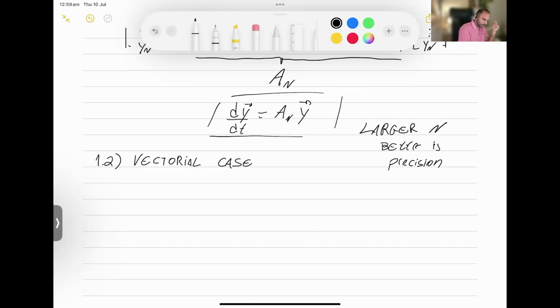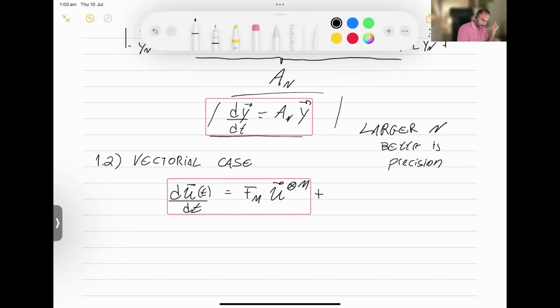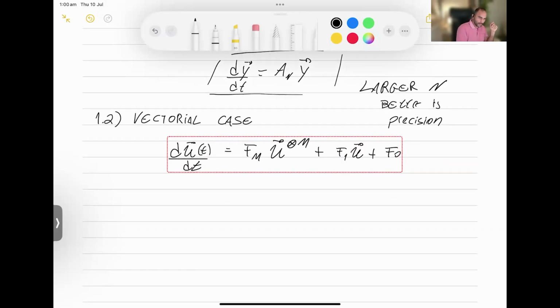Okay, so now I'm going to move to this case. Here I have this type of nonlinear ODE, where again u is dependent on time, in the n-dimensional case.